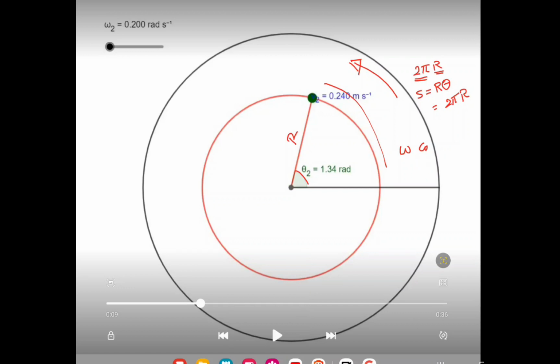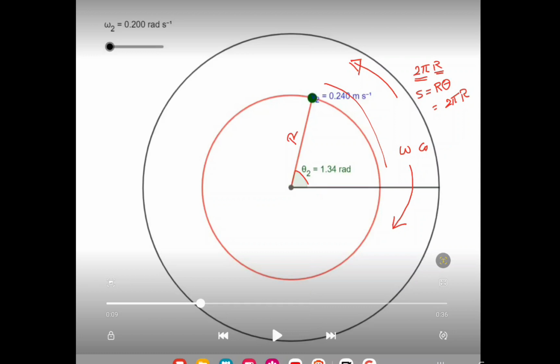In this case, if this disk is located in the xy plane, omega will be in the positive z-axis or out of the plane. But if the particle moves clockwise, in this case here, and again this is x and y position, omega will be directed in the negative z-axis or into the plane.